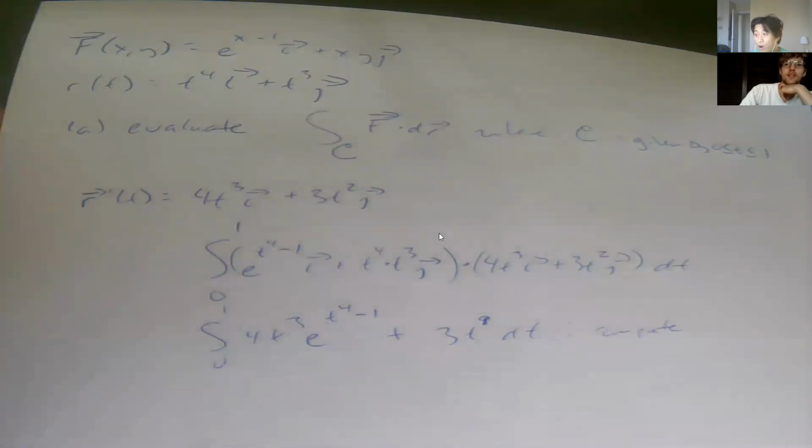So dr describes our displacement vector. The derivative r prime is the tangent vector, which describes direction, and the dt part describes how far you go, length. So f dot dr is work, the force dotted with the displacement vector.